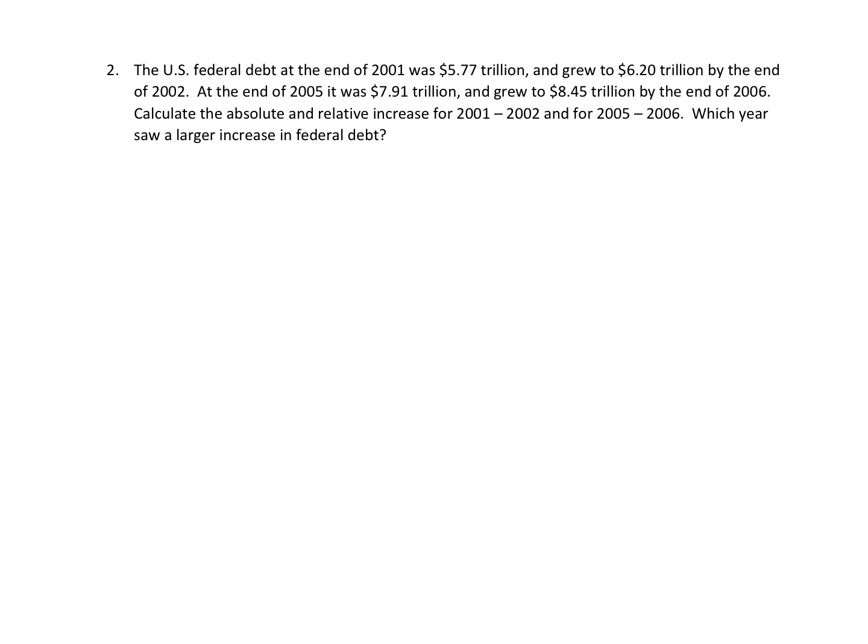All right, so let's just go ahead and split this screen here so we can calculate each of them. So on the left, let's look at from 2001 to 2002. First we want to find the absolute change. So how much did it actually change in dollars? So we have 6.2 trillion minus 5.77.